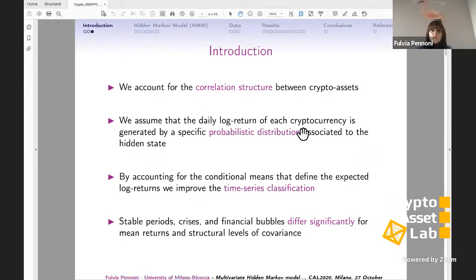So we account for the conditional means, and we define the expected log returns, and we show that they can improve time series classification. In fact, we can say that stable periods, crises, as well as financial bubbles differ significantly in mean returns as well as in structural levels of covariance.